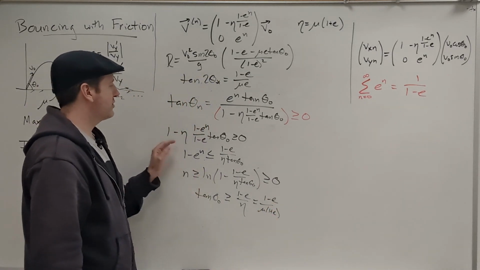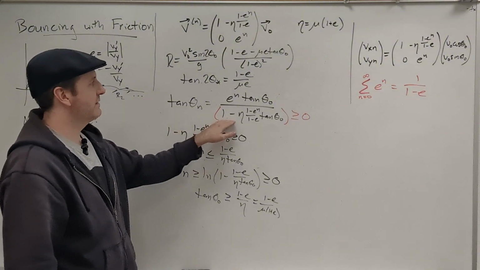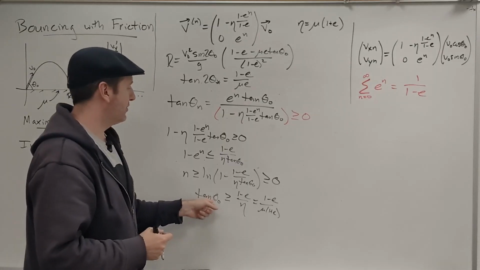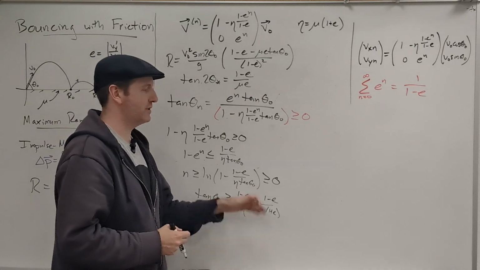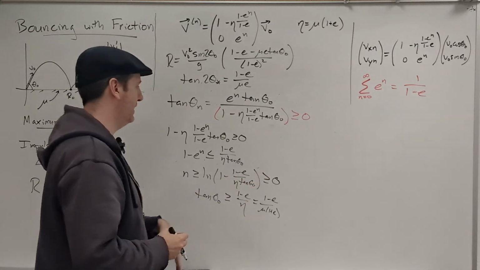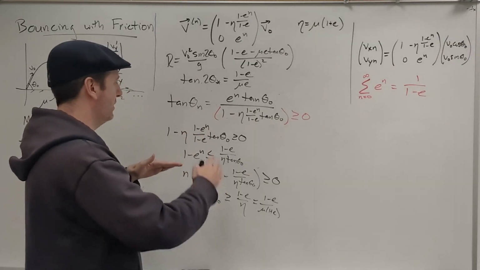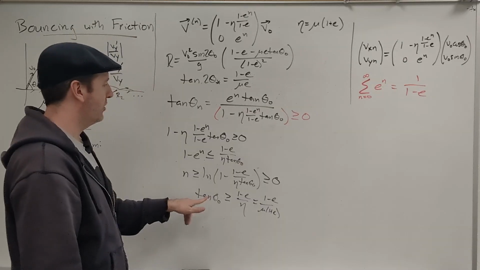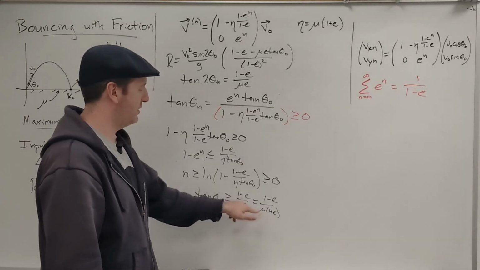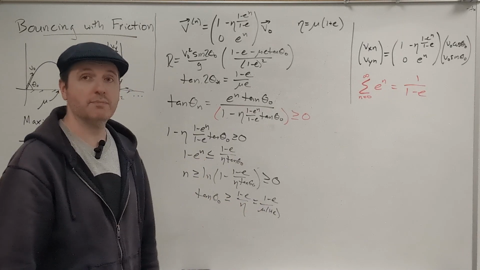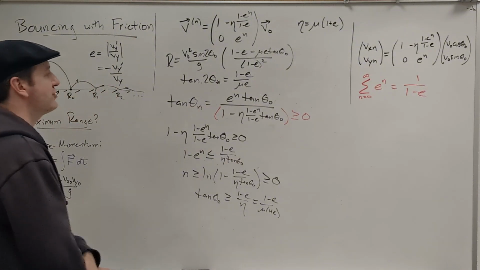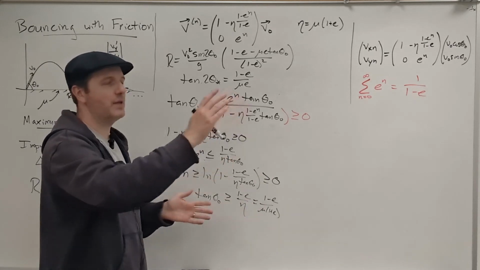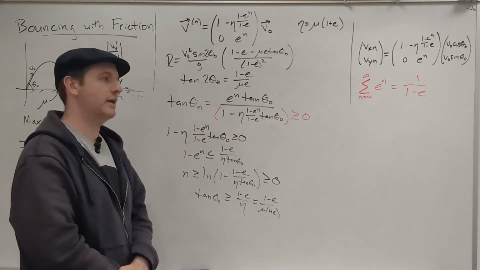So if you want to make sure that this thing never starts bouncing backwards, there's a minimal angle that you have to launch it at. If you launch it too low, it will actually eventually start bouncing vertically. Okay, so this tells us the minimum launch angle, or the arctangent of this is the minimum launch angle that ensures that your projectile is always moving to the right, maybe asymptotically approaching a finite value.